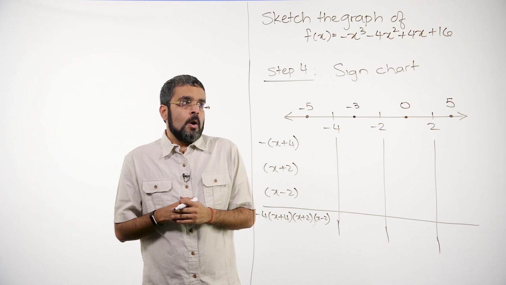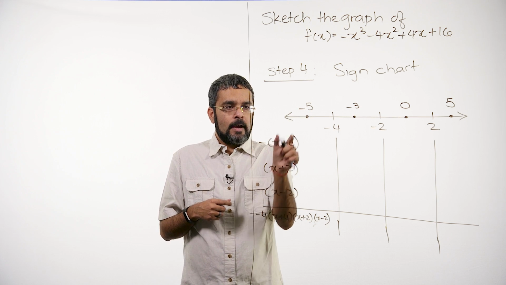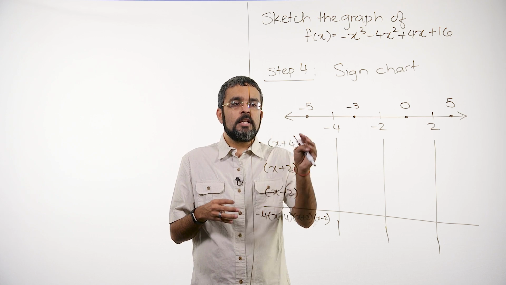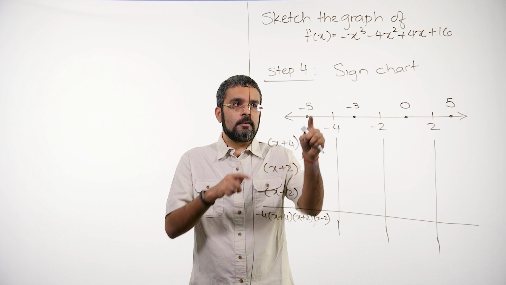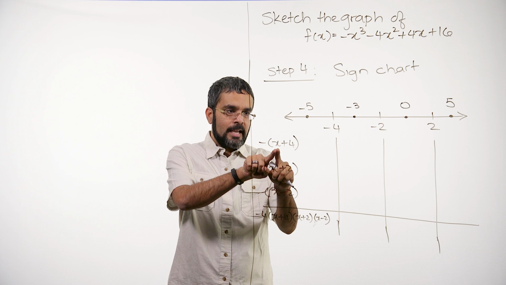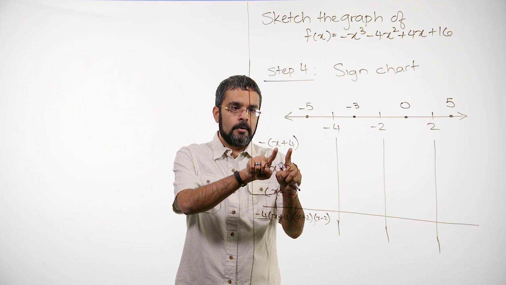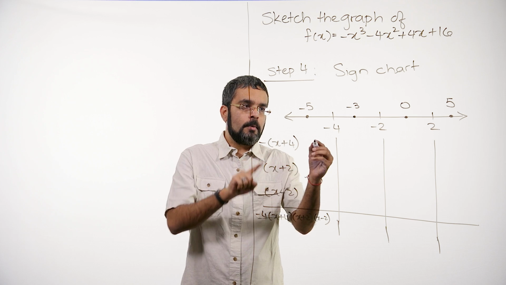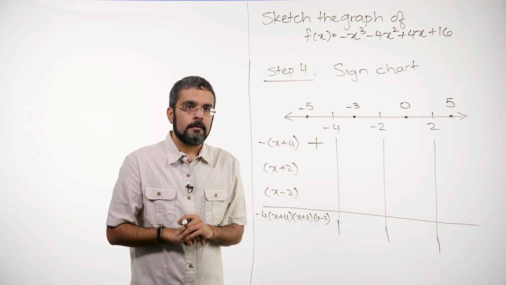Okay. What I'm going to do now is take this negative 5 and put it in place of x. All I want to do here is figure out the sign. I don't need to know what the answer is, just the sign. So if I put in negative 5, negative 5 plus 4 is a negative number, right? That's negative 1. And negative 1 times negative is going to be a positive, so the sign is going to be positive.